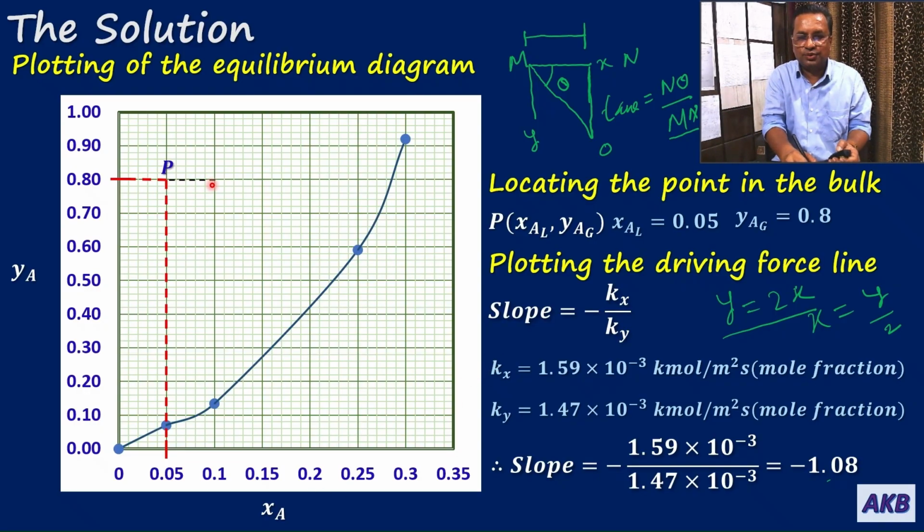I am traveling 1 unit in the right direction horizontally, and now a distance equal to half of the slope value, so that is 0.5, around 0.5. So I have traveled that distance and I get this point. If I draw a line that passes through P and this point, I will get a line having a slope of minus 1.08 on this graph.